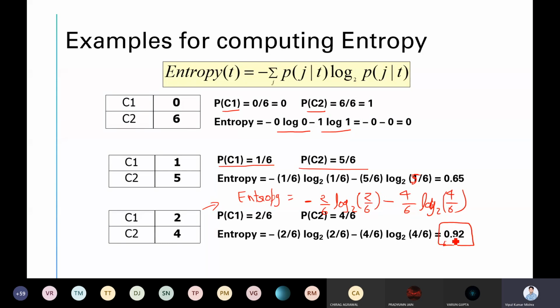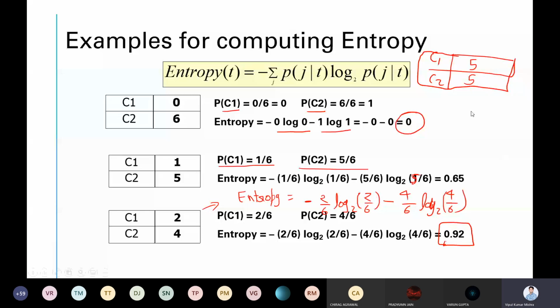This entropy is also saying, you can say, the impurity of the node, right? Let's compute for this as well, C1, C2, and the values are 5, 5.